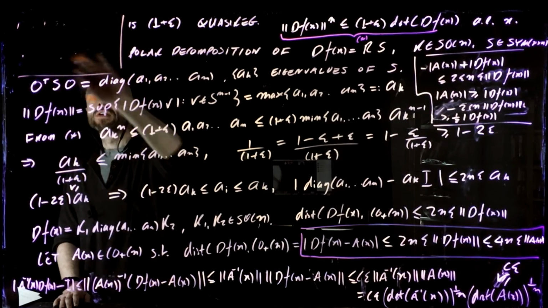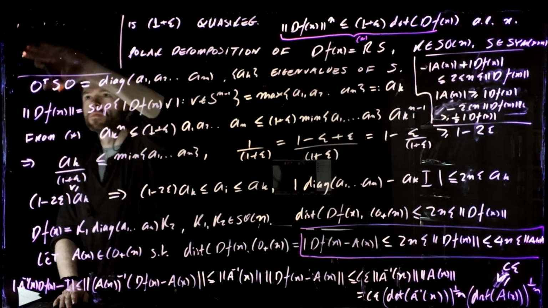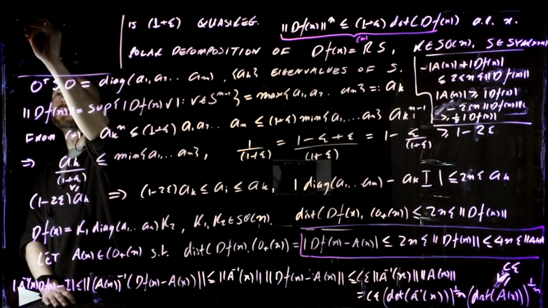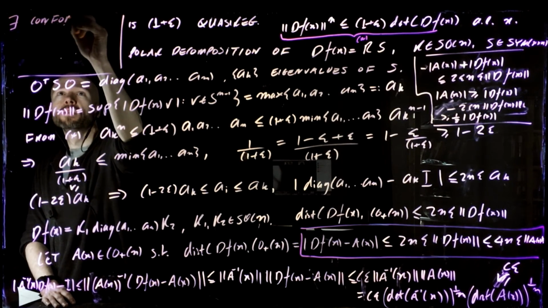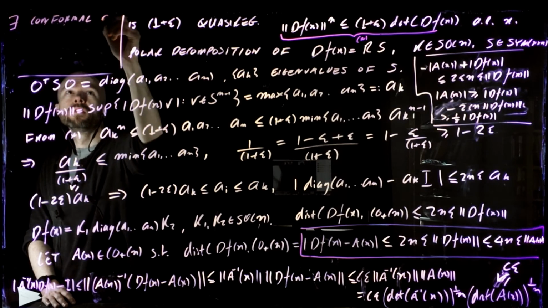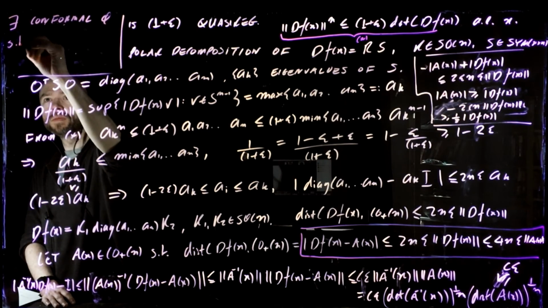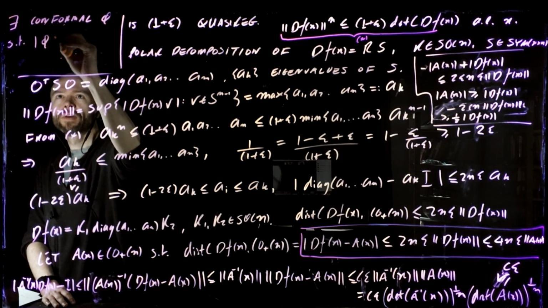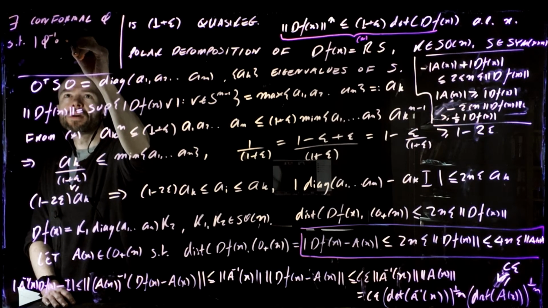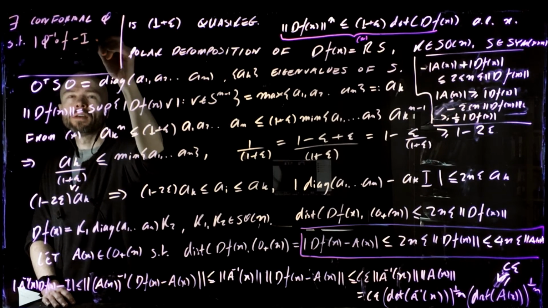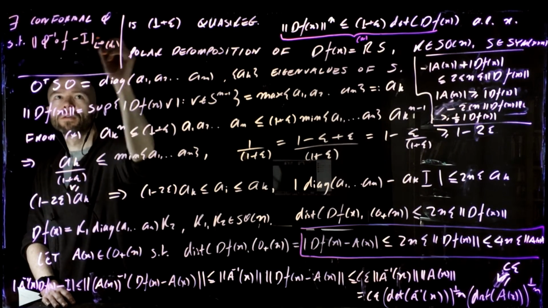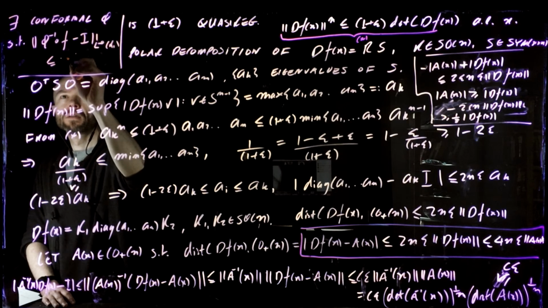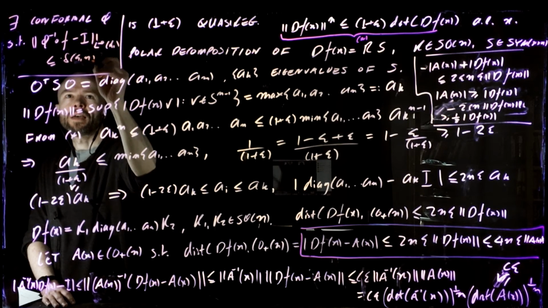The conclusion of the theorem is that there exists a conformal phi such that phi to the -1 composed with f minus the identity in the L-infinity norm around the point P1 is less than delta epsilon n, right?